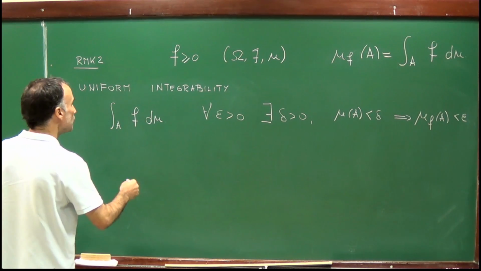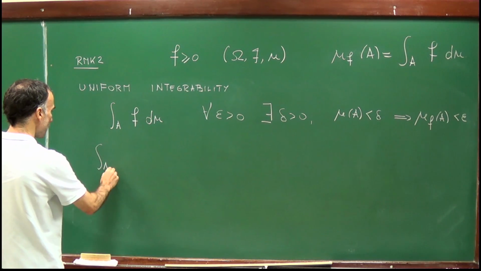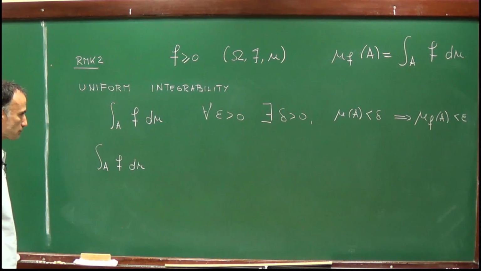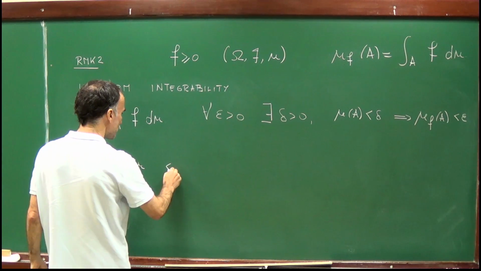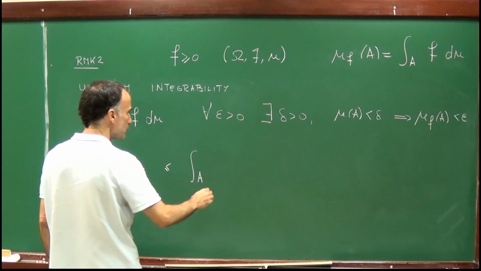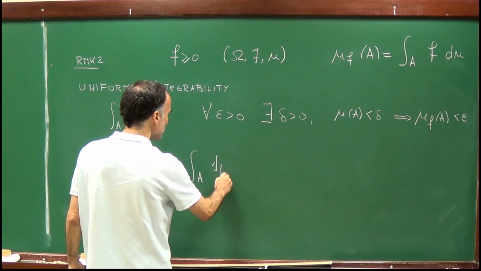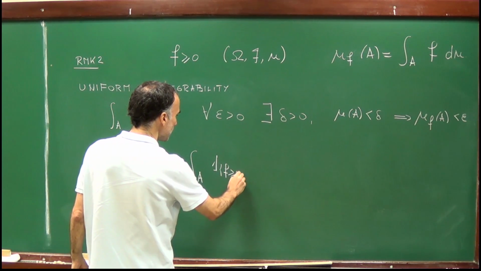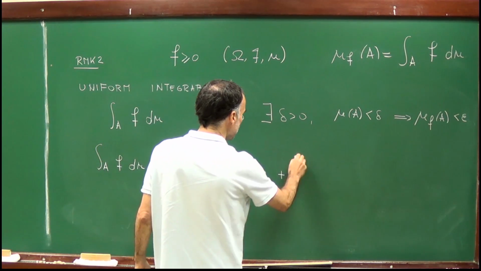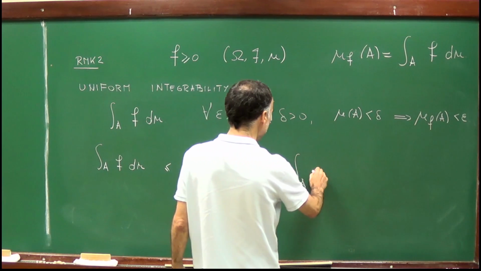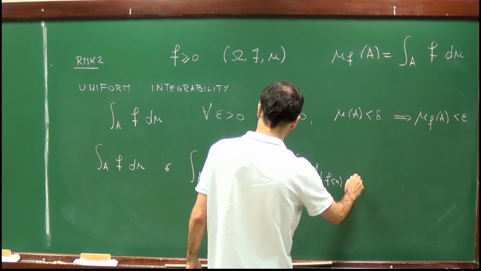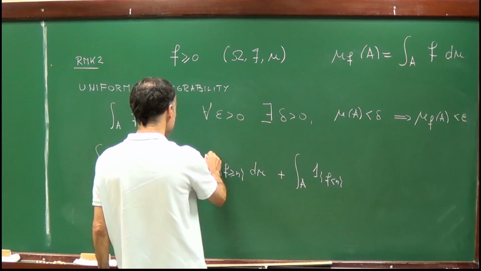And so I need to estimate the integral over A of f d mu. I will cut this in two terms. One, I will consider the set of points in which f is larger than n, and the other, the set in which f is smaller than n.